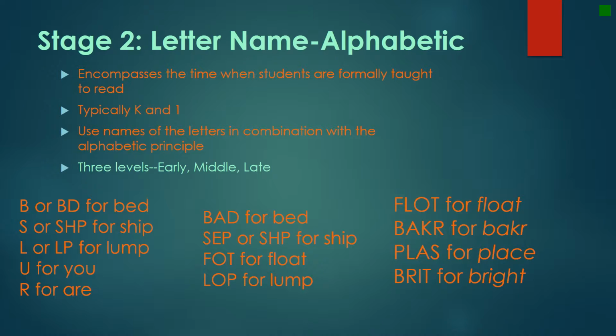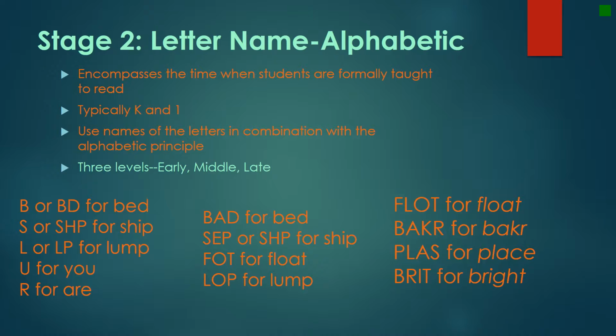So if you look at the three levels, early, middle, and late, at the early letter name alphabetic stage, students might write a B or a BD for bed. When they're in the middle of that stage, they might be confusing vowels. They're starting to understand we need to use vowels, but they don't know which vowel to use, so they might put BAD for bed.